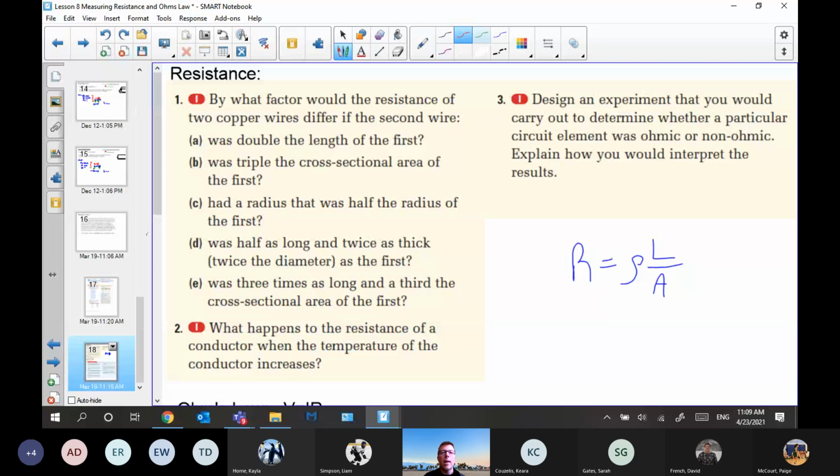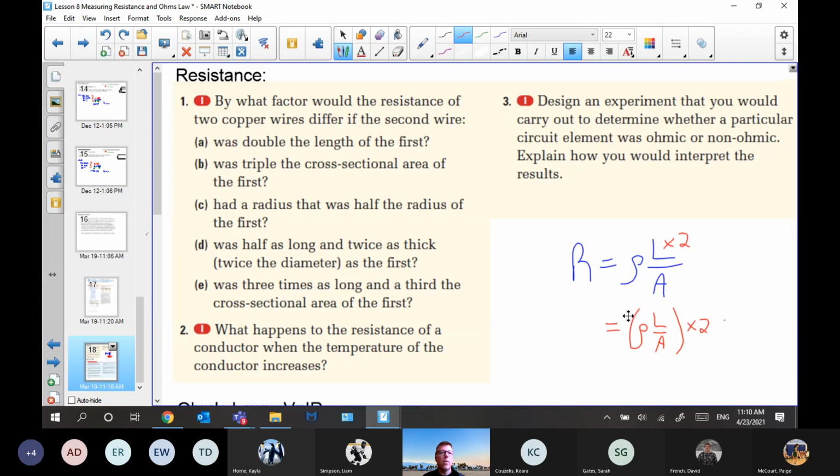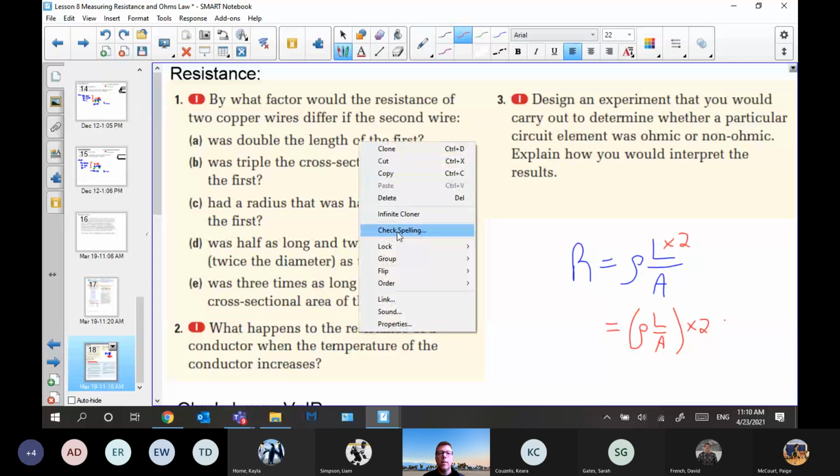So let's do part A here. It says, what would happen to the resistance if you doubled the length? So you look in here and think, well, if I doubled the length, what's going to happen to the resistance? Well, it's going to double, right? Think of the resistance as it used to be this, and now it is times 2.